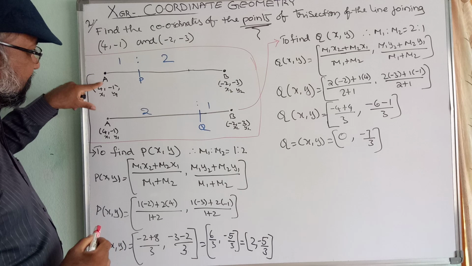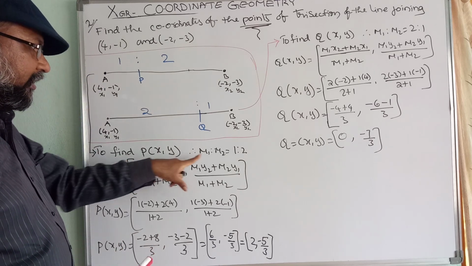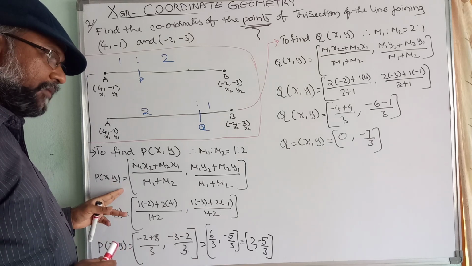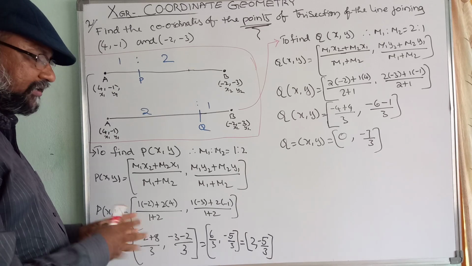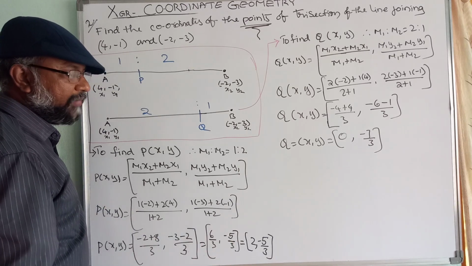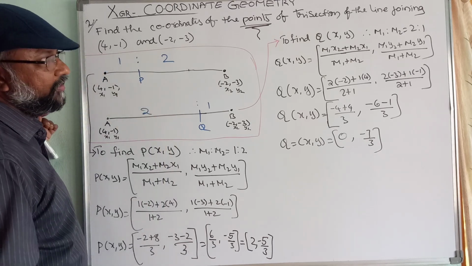The simple way to find P(x, y), m1:m2, 1:2, write the formula, substitute, simplify, these are simple numbers, and you will get (2, -5/3). The point is (2, -5/3).